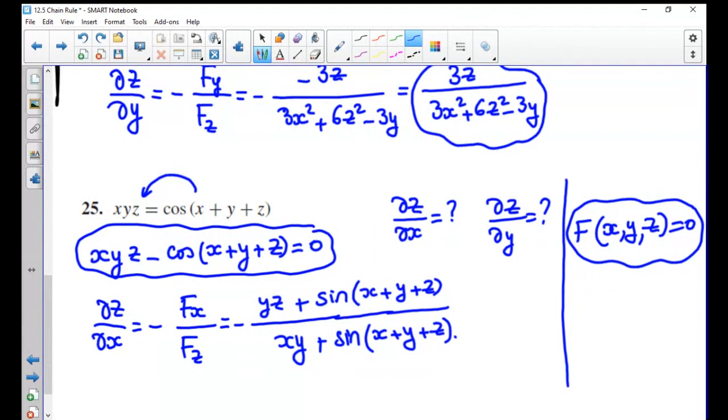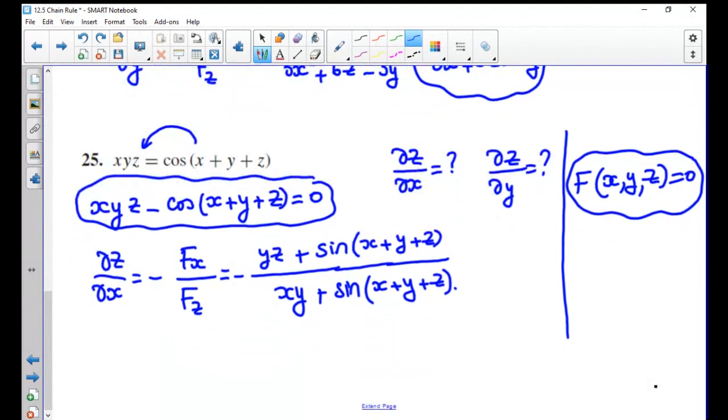So this is going to be dz over dx, and in the same way we can calculate dz over dy, this time minus fy over fz.